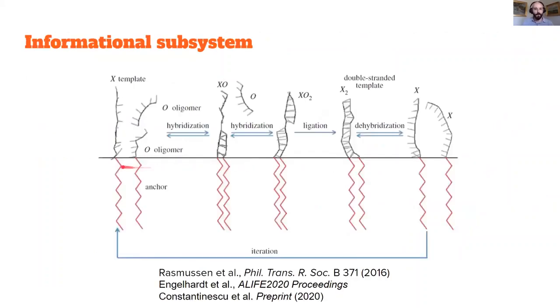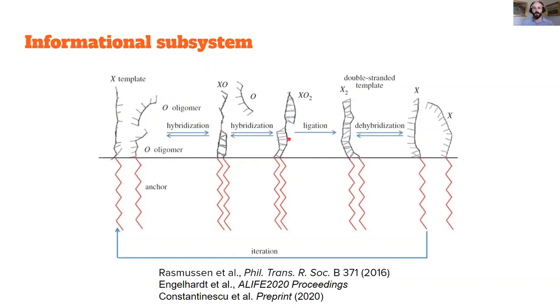So just to give a quick recap of this system, we have a replication process, and initially we have this DNA strand, which is anchored to the surface of the protocell with a hydrophobic end, and we introduce two complementary oligomers that will hybridize to this DNA strand.